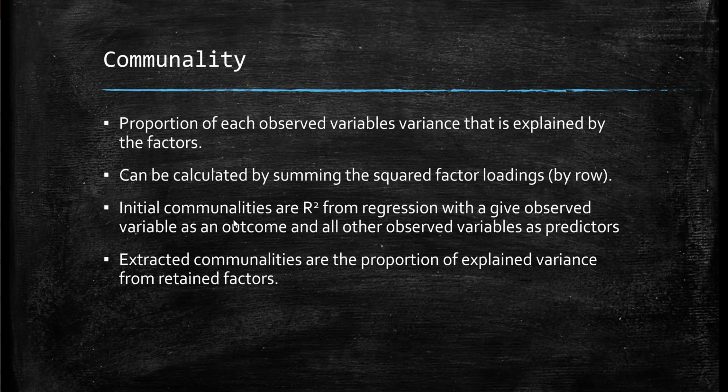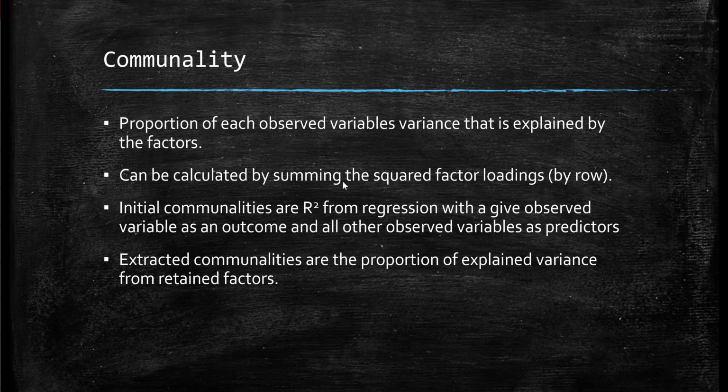In output for an exploratory factor analysis, there will be initial communalities, and these are usually based on the r-squared value from a regression using all the other items to predict each item successively.